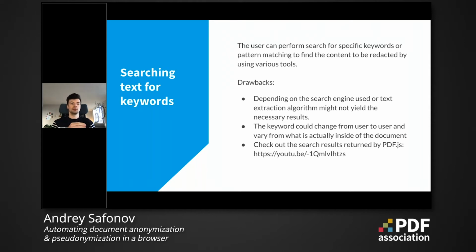And sometimes some of the words that we search for might just be skipped over because they've been broken out into several characters. As well as, especially in a multi-language setting, if the person is speaking multiple languages, the keyword can actually change from user to user. So for example, the way I would search for something on a document might be different from my colleagues.